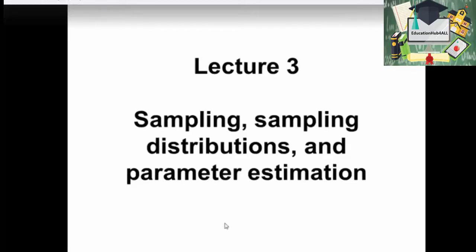But please remember, this estimate has an error. This estimate is not exactly equal to the true value of the p. It's just an estimate. So now you have some idea of the difference between the true value and the estimate of the true value.